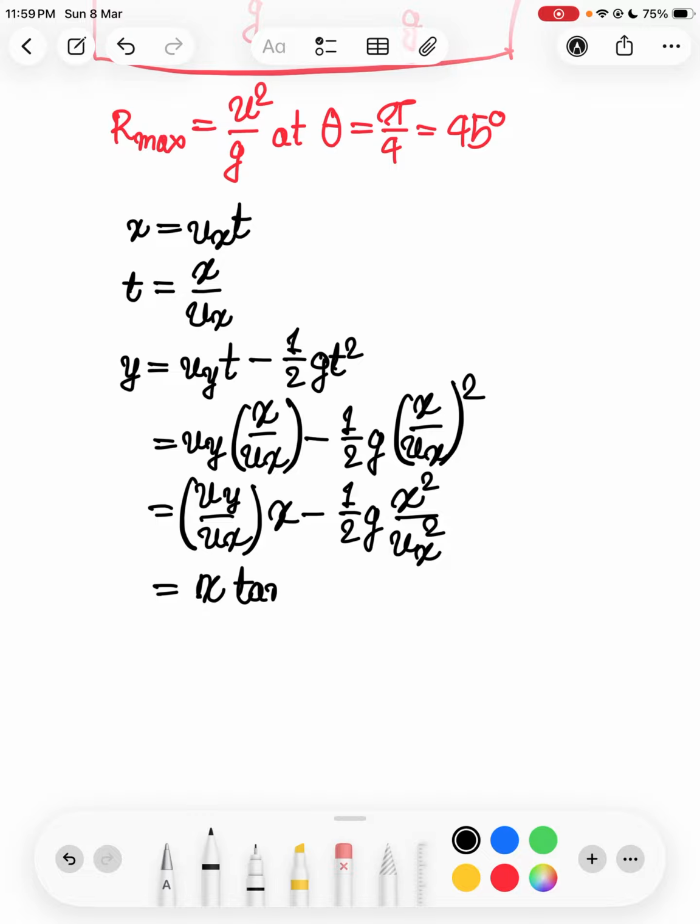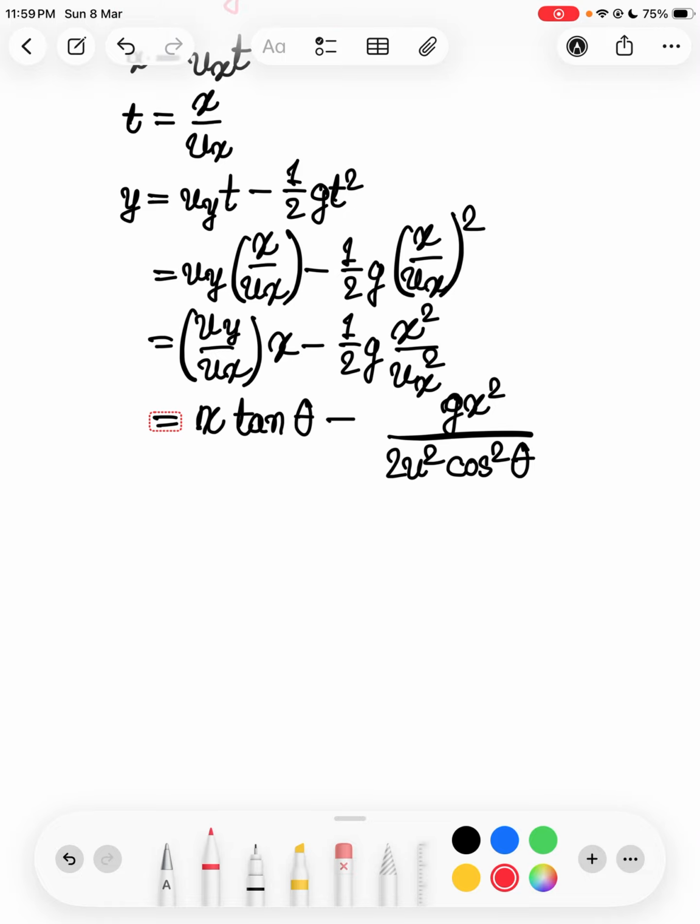So this is nothing but x into tan theta, and here if we substitute u, this becomes g x square in the numerator, and here we have 2u square cos square theta, as ux is equal to u cos theta.